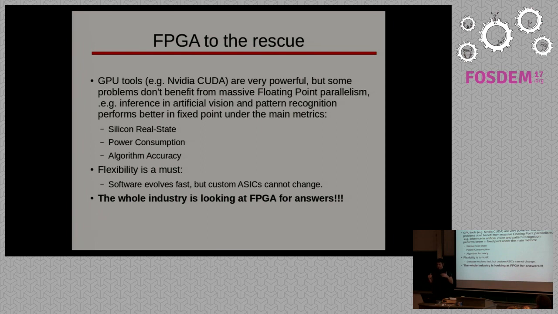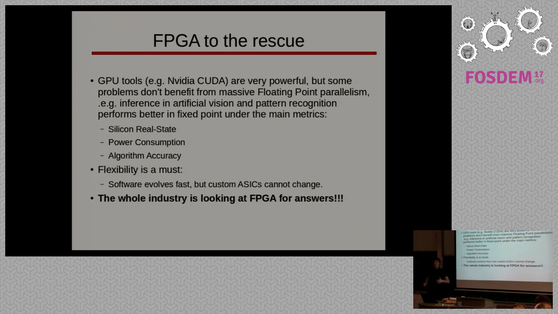The point is that this looks very promising, but there are some algorithms for which this approach doesn't fit very well. For example, we have inference in artificial vision, where you might suppose that using floating point arithmetic is a very good idea, but it's not. Empirical tests show that by using fixed point arithmetic, you might improve almost all of the metrics.